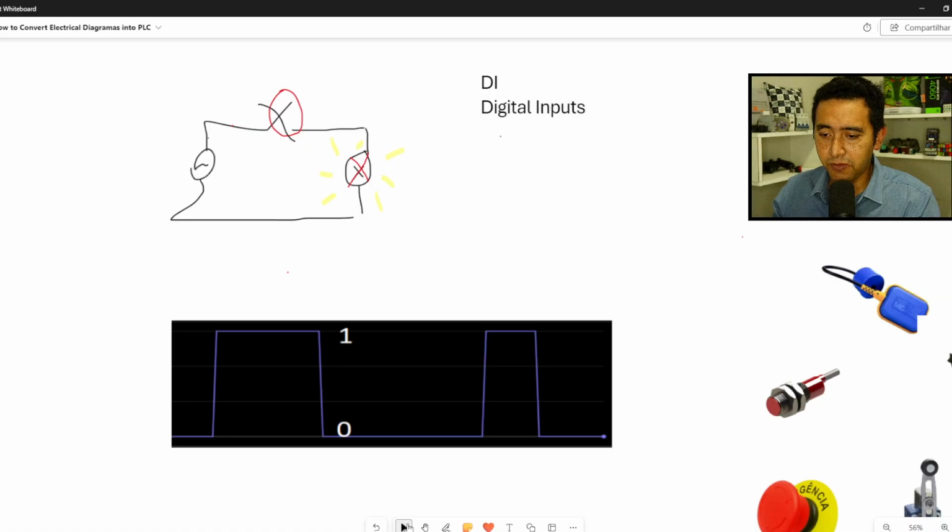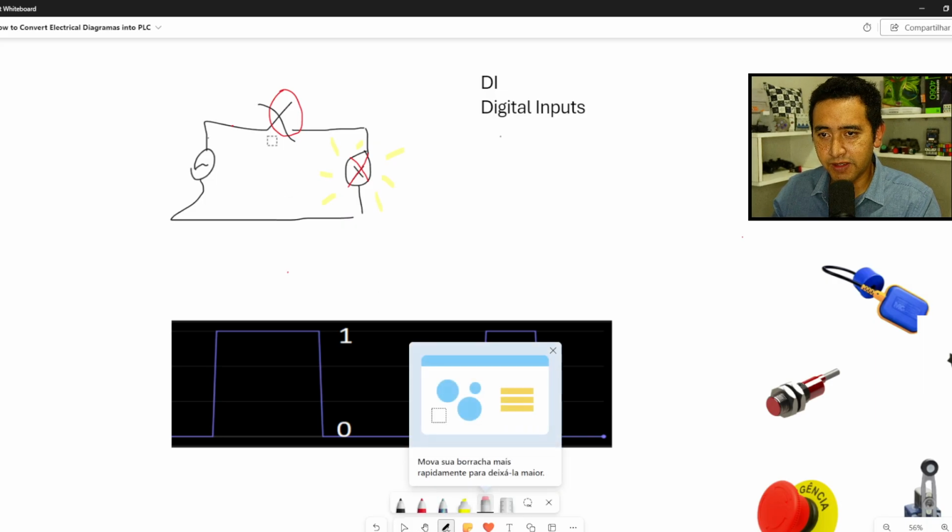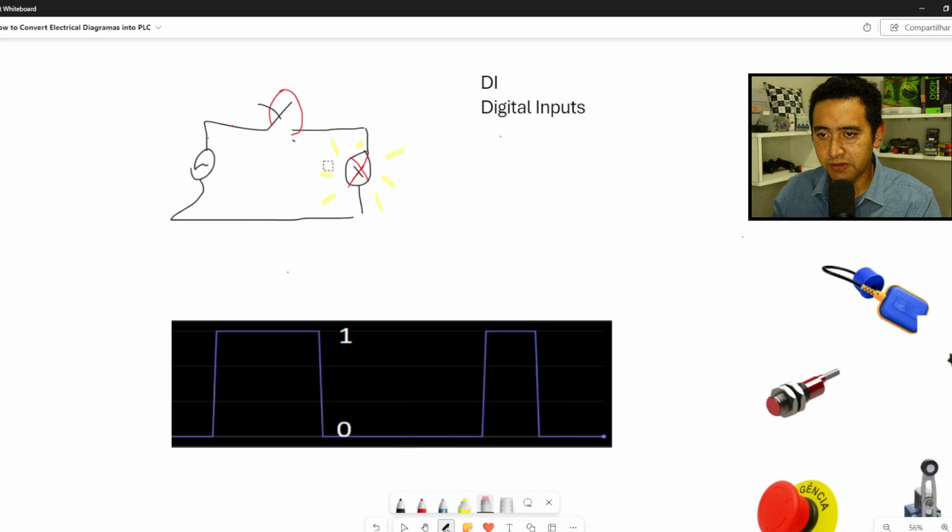Then, if we come here and open the switch, my lamp is off. A discrete signal, or for the PLC a digital signal, or for us a digital input, is every signal that only has 2 possible states.